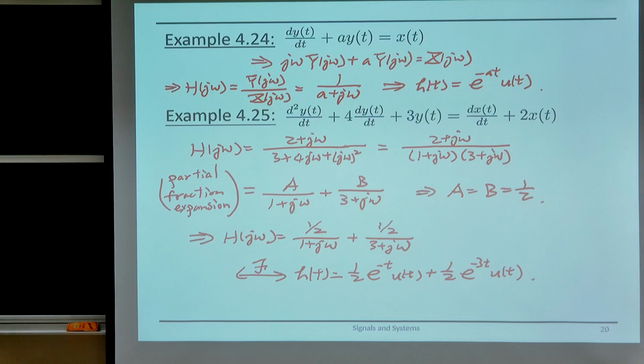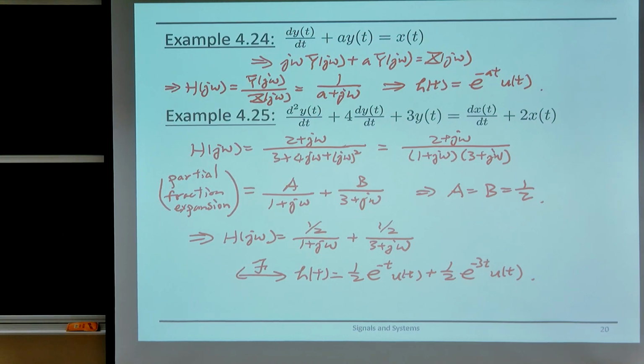Now, when you have systems described by linear constant coefficient differential equations, the responses often have these exponential type behaviors. So this partial fraction expansion approach is often a useful technique in these types of problems.